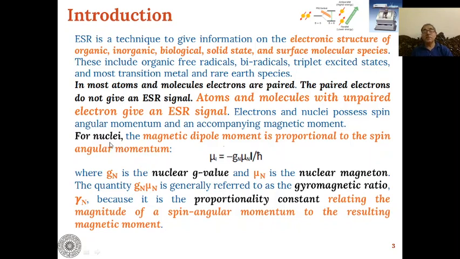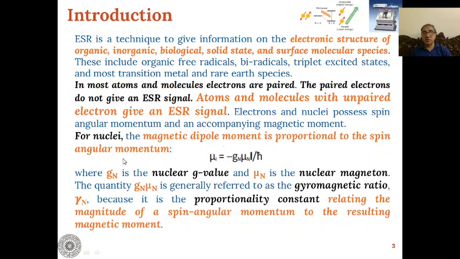So for example, for nuclei where the magnetic dipole moment is proportional to the spin angular momentum, this is the formula by which the magnetic dipole moment can be calculated, where Gn is the nuclear G value, mu n is the nuclear magneton, and H is Planck's constant.